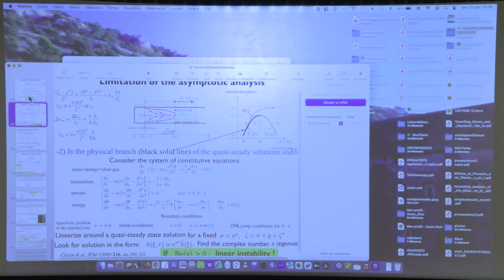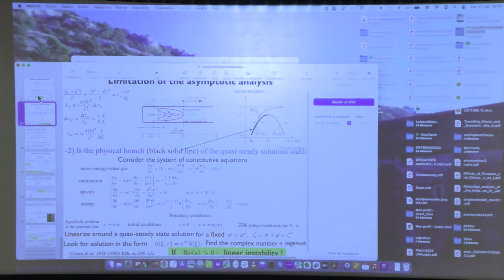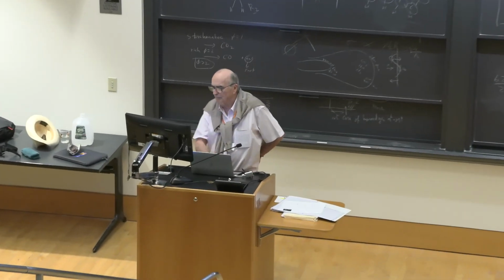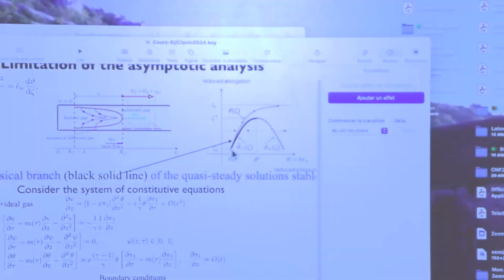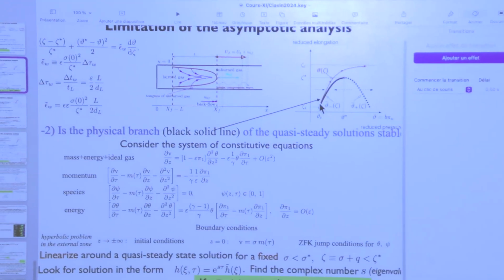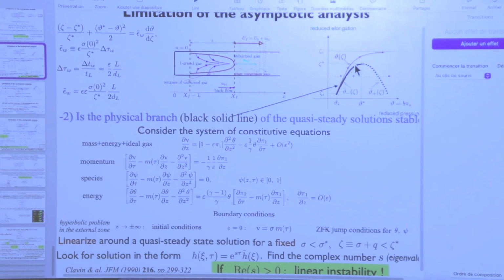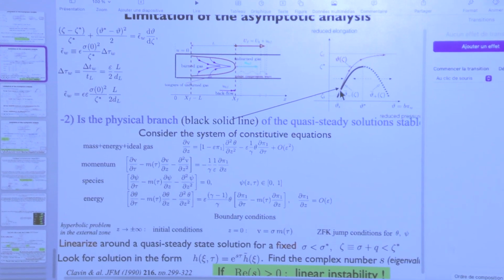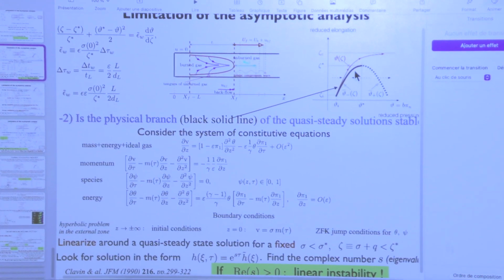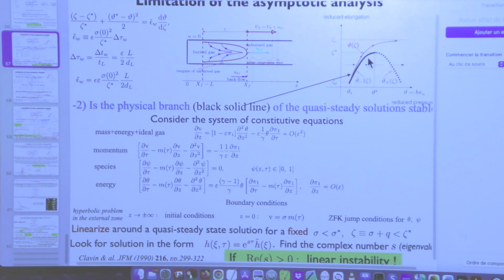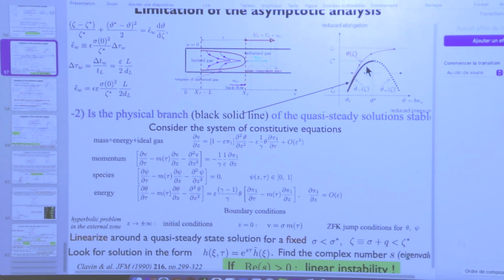The problem is, when you look at the unsteady effect inside the flame, there is a problem which is related to the stability of this branch of solution when you take into account unsteady effects inside the flame structure.